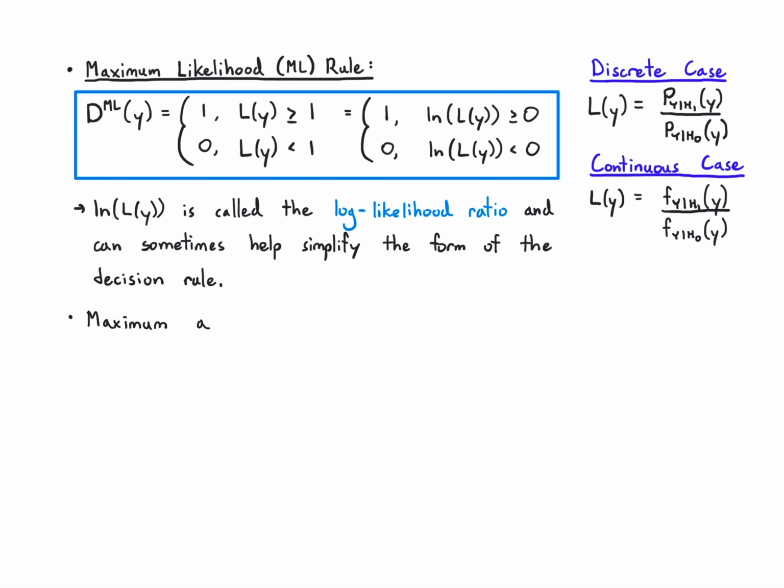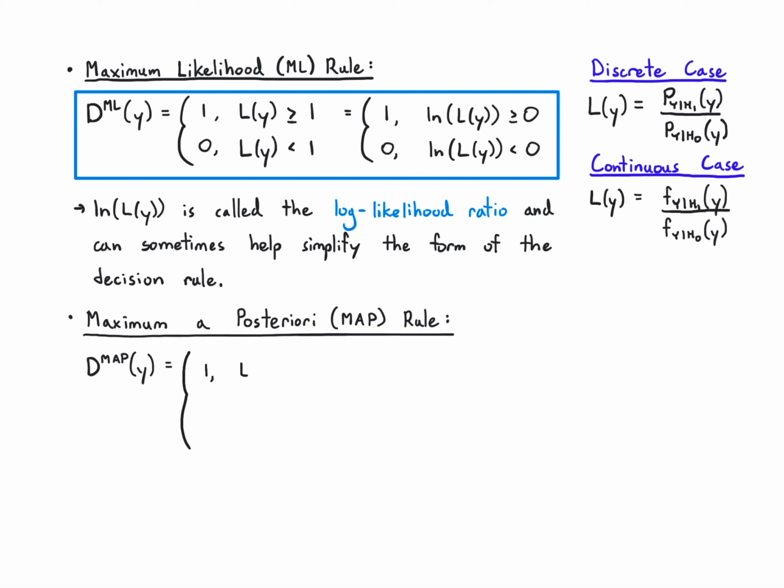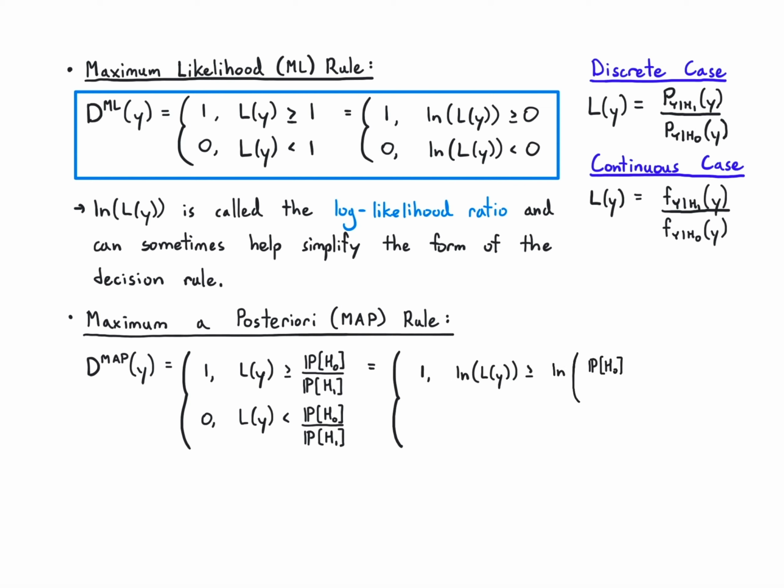We'll see an example. For the MAP rule, it's the same idea, except we're going to have a different threshold. We have this function d MAP, and it's going to be 1 when the likelihood ratio is greater than this ratio of the hypothesis probabilities, pH0 over pH1, and 0 when it's less than that. In terms of log likelihood ratio, it's the same thing. I just take the log of the ratio of pH0 over pH1, see which one is greater, and decide 1 or 0.